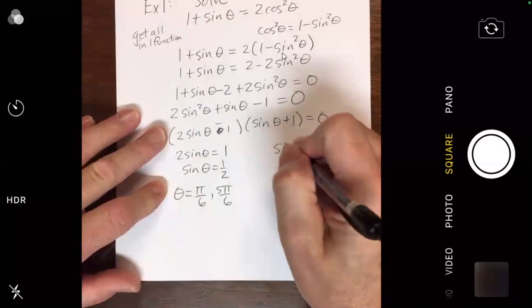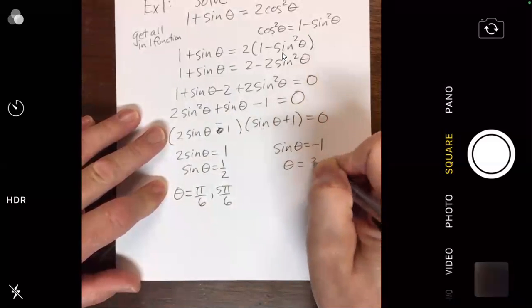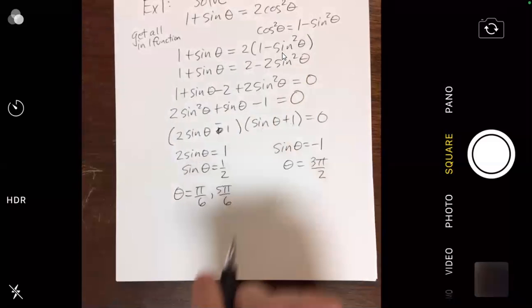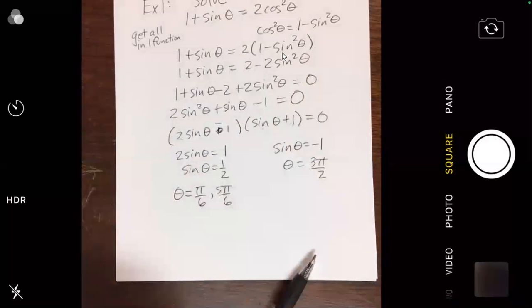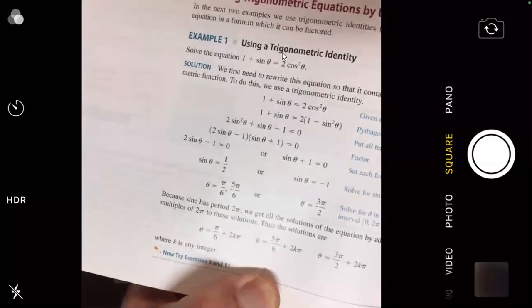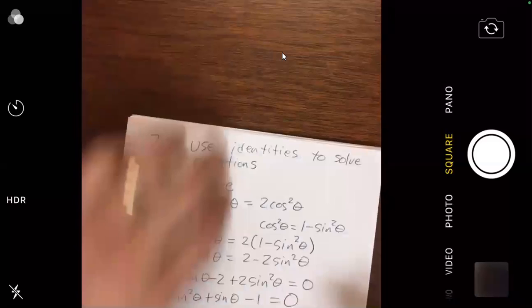Over here, sine theta equal negative 1, and you're going to be down at the bottom, 3 pi over 2. And they tack on a 2k pi to all those numbers. That's what they have. Okay.